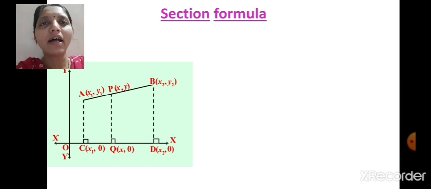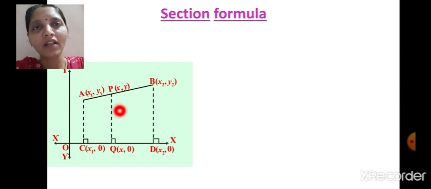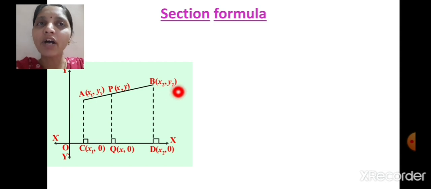Here I have drawn the XY plane, and in that XY plane I have considered line segment AB, and point P divides this line segment AB in the ratio m is to n. The coordinates of point A are x1, y1, and coordinates of point B are x2, y2, and the coordinates of P are x, y.